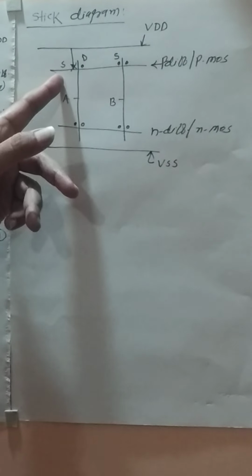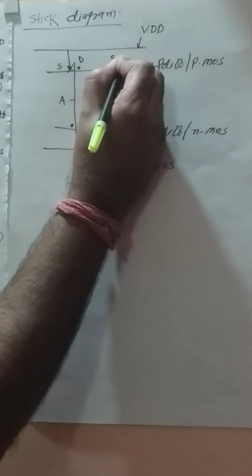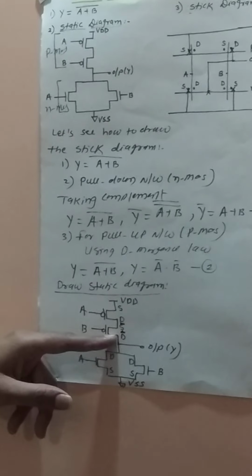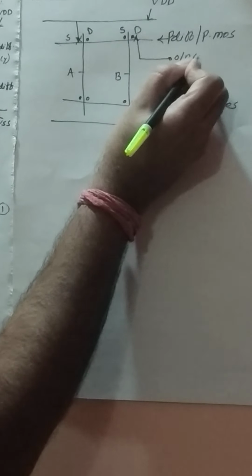This is the VDD line. The cross represents the connection between VDD and source. So this is the drain terminal of B. Now from this PMOS, drain of B is connected to output and the connection is represented by the cross, and this drain is connected to the output Y.